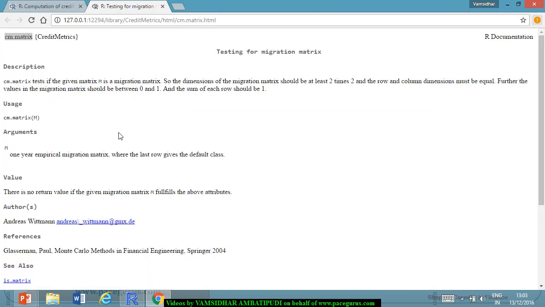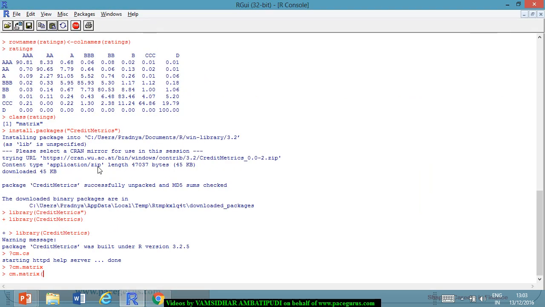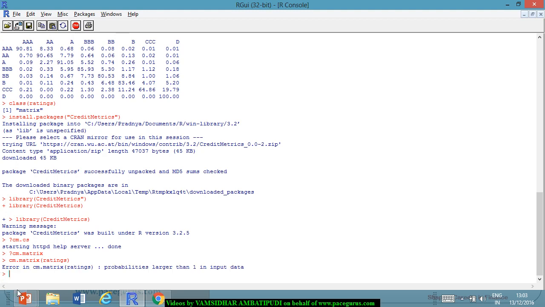cm.matrix of ratings. Now it is saying error: probability is larger than 1 in the input data, which means it's not a migration matrix, because the numbers should be between 0 and 1.